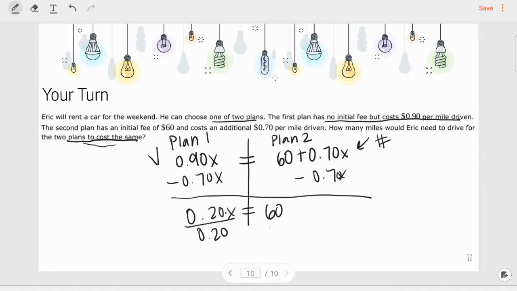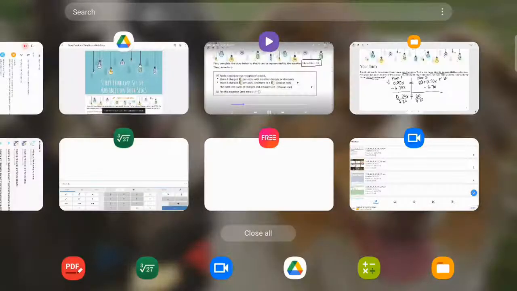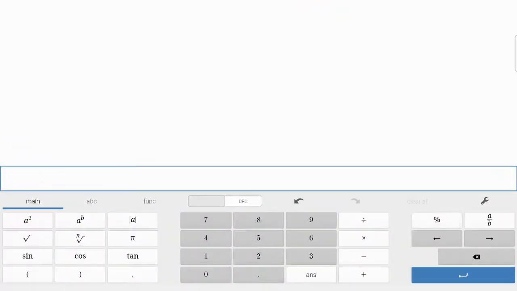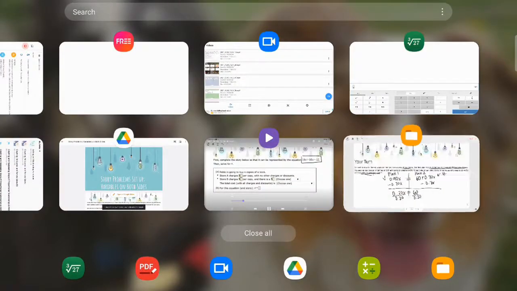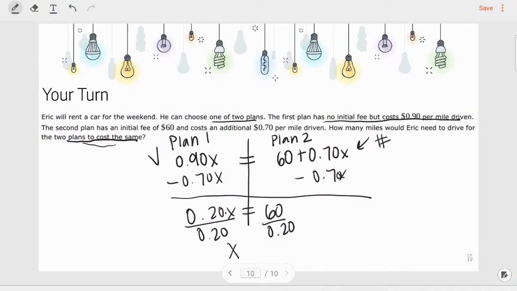I'm multiplying by 20 cents, so I'm going to divide the other side by 20 cents. So 60 divided by 0.2. Clear all. 60 divided by 0.20 gives me 300. So x is equal to 300. Eric would have to drive 300 miles in order for the costs of the plans to be the same.